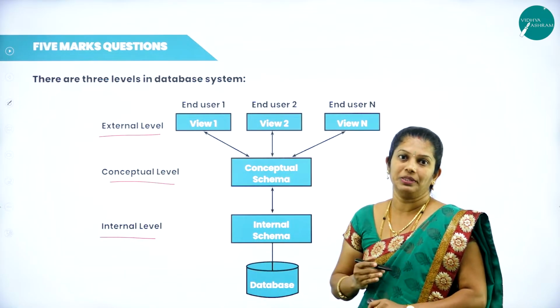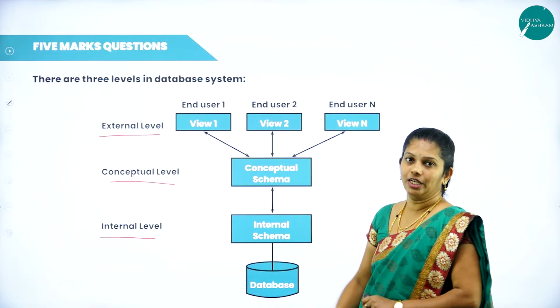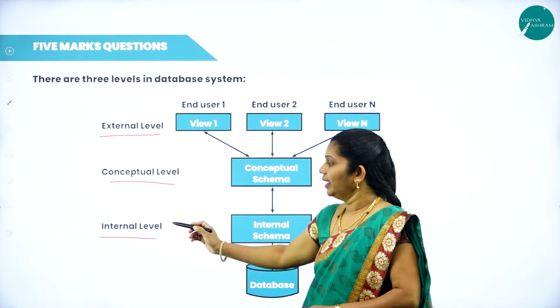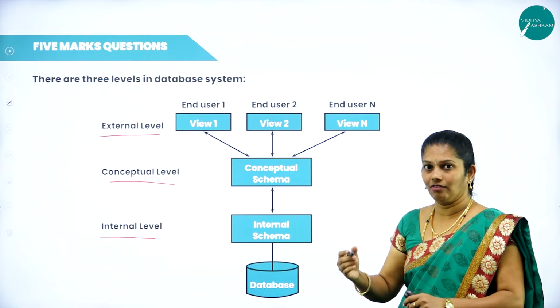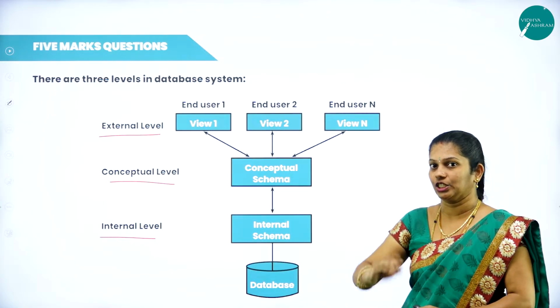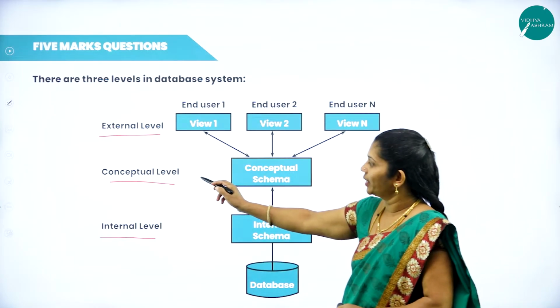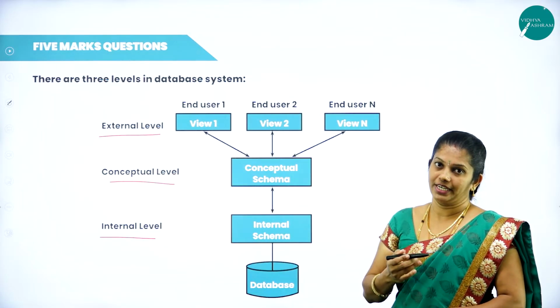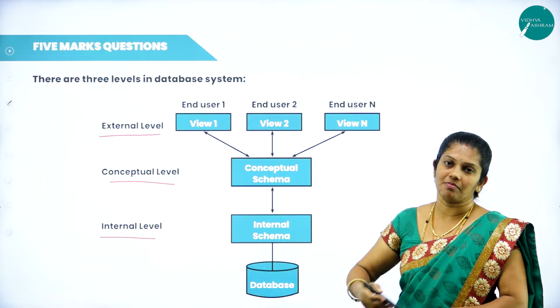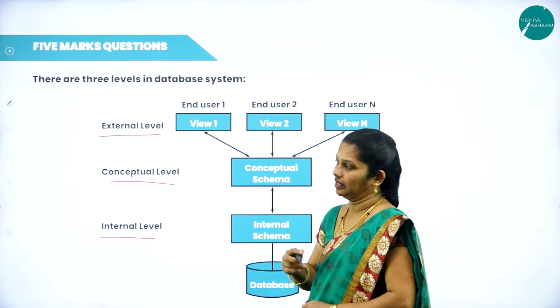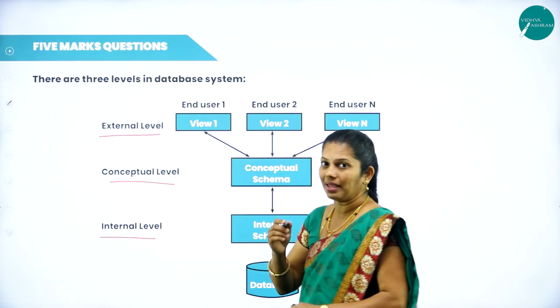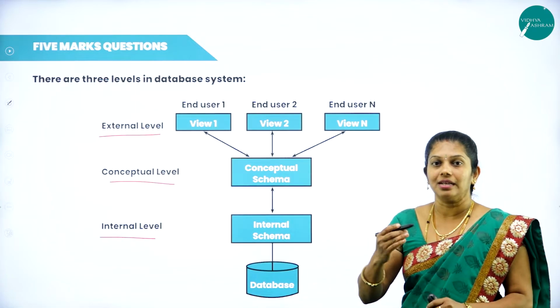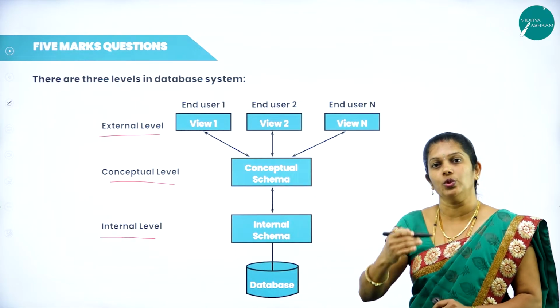What is the relationship between the data? Regarding that, it mainly deals. Whereas the internal or physical level deals with the physical structure, where exactly it is stored. At the conceptual level, it deals with the logical structure of the data, the schema, sub-schema, everything. Whereas the external level mainly deals with how the user wants to view the data.